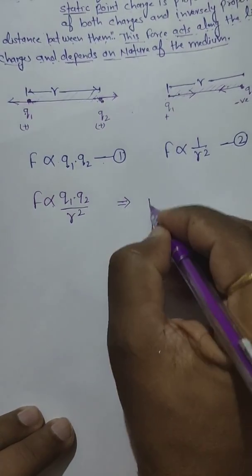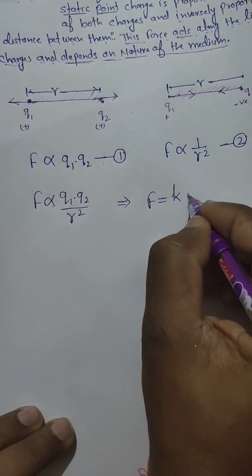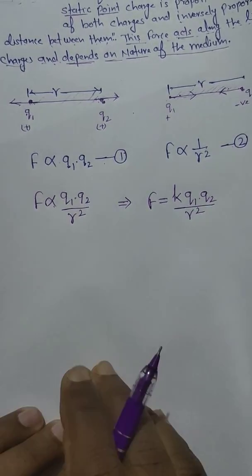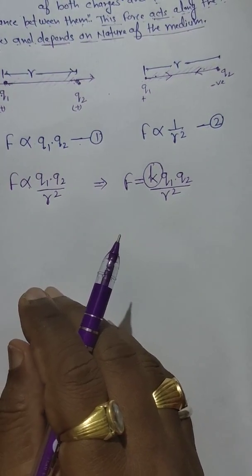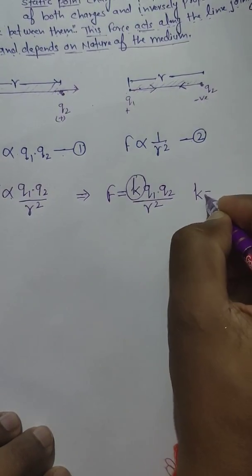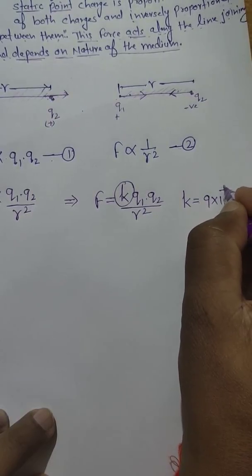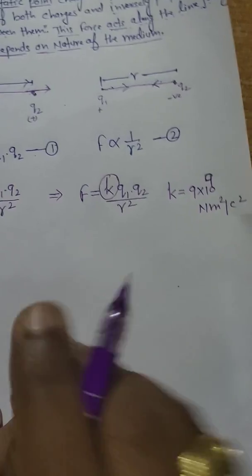We can write in this form: F equals K, the proportionality constant, times the magnitude of Q1 and the magnitude of Q2 upon R square, where K is called the proportionality constant. The magnitude of K is 9 into 10 to the power 9 Newton meter square per Coulomb square.